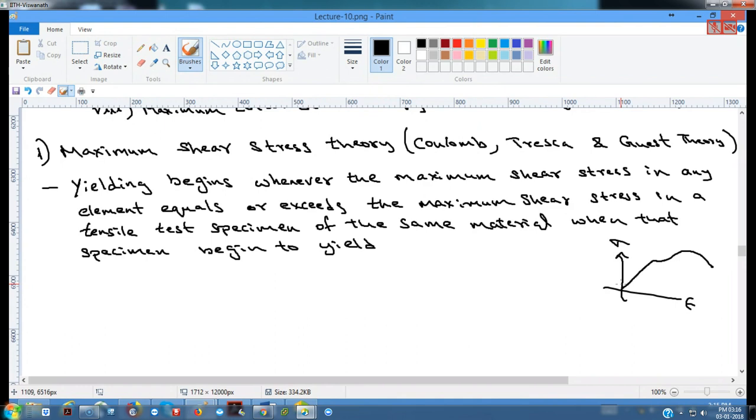If you want to perform an experiment using a triaxial state, then how many experiments are required to obtain this kind of characterization curve, such as this in a one-dimensional state? The answer is you need an infinite number of experiments to be performed.